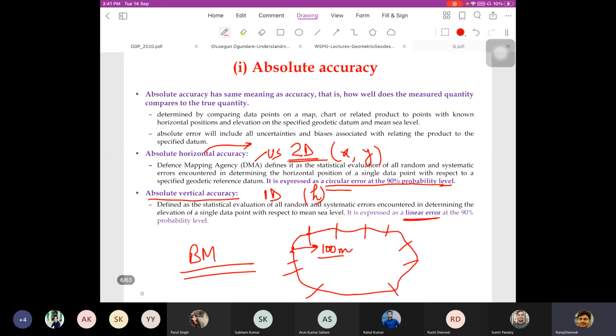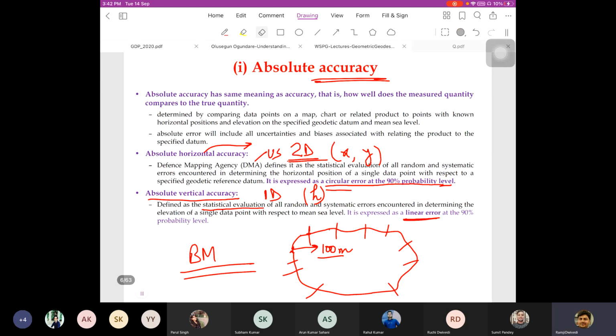Apart from that, what we are discussing is the absolute nature of the accuracy, because here it is not precision, it is absolute accuracy. So we are discussing the definition of absolute horizontal as well as vertical accuracy. In the case of the vertical one, we define it as the statistical evaluation, please remember, the statistically evaluated distance of all random and systematic errors encountered in determining the elevation of a single data point with respect to mean sea level. It is expressed as linear error at the 90% probability level.